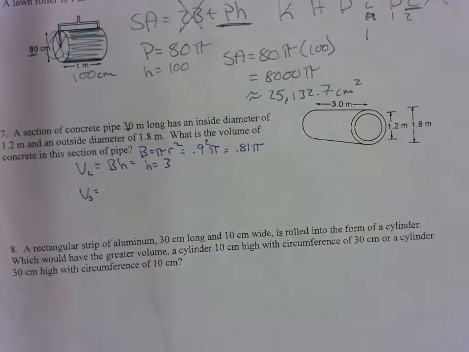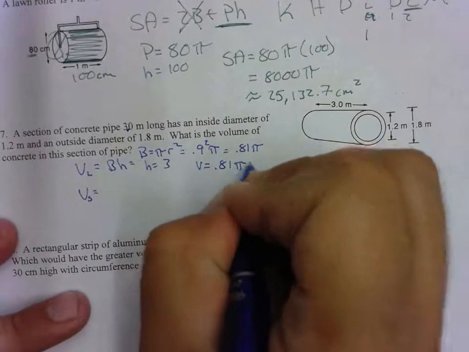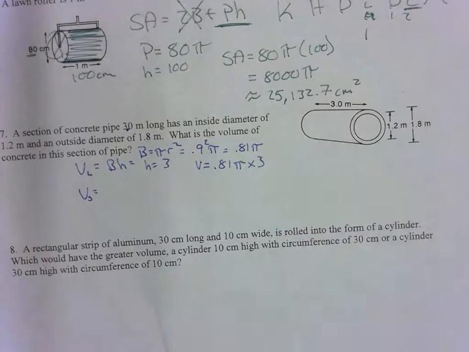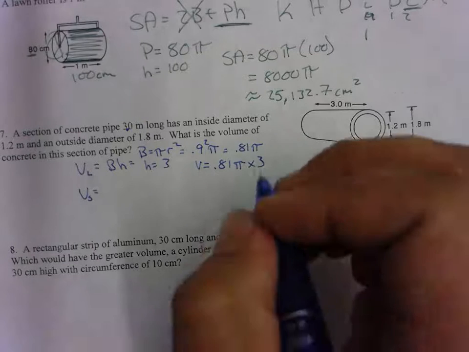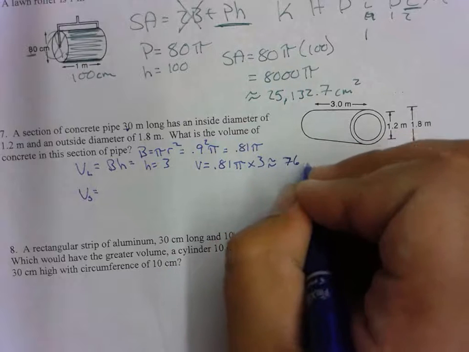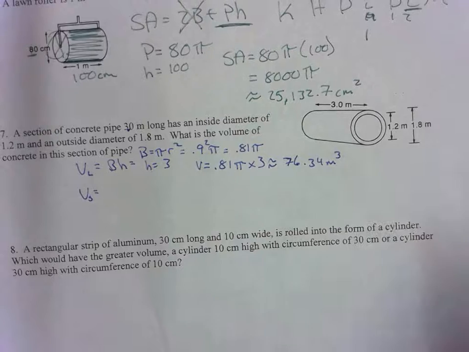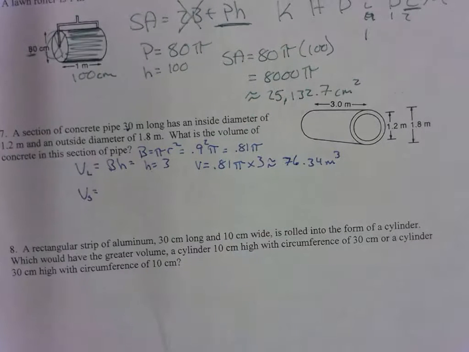That means you're multiplying for the volume 0.81 pi times 3. You are going to get approximately 76.34 meters cubed. That is the large pipe.